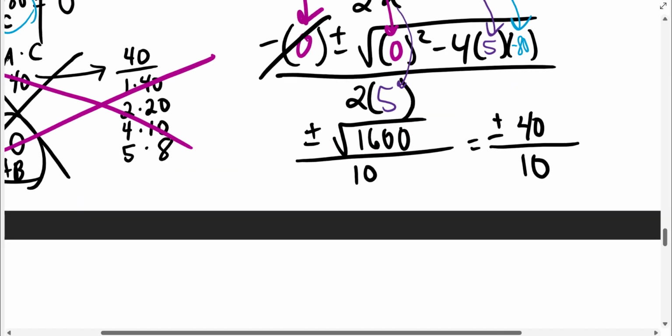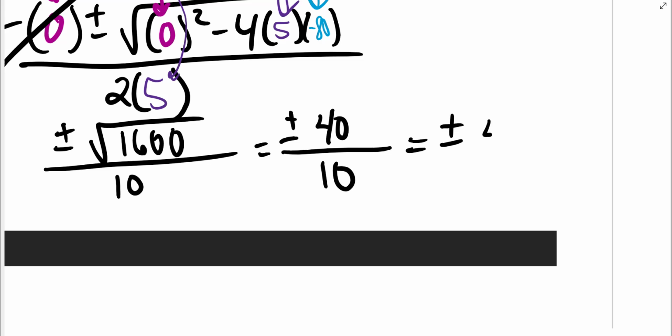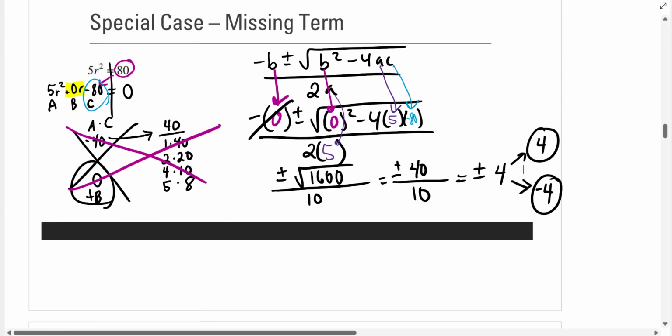Now again, we're still not complete, so let's make sure that we simplify. 40 divided by 10 is 4. But again, we have two options. So option 1 is the answer is 4, positive, or option 2, the answer is negative 4. Okay, and we got that using the quadratic formula.